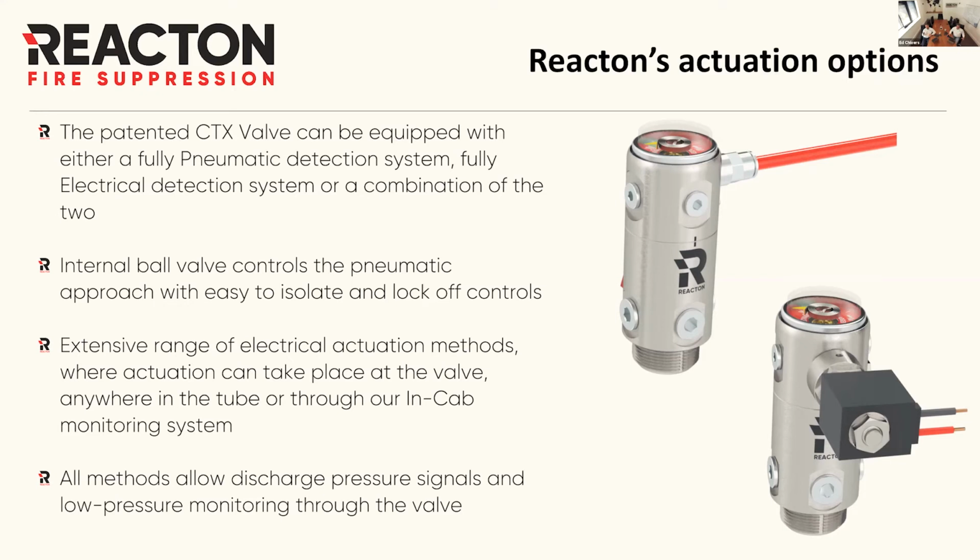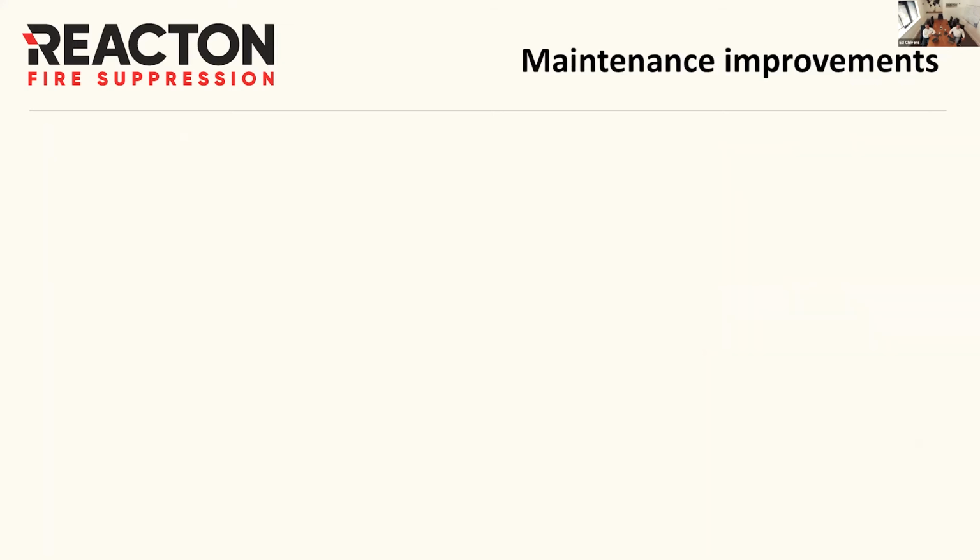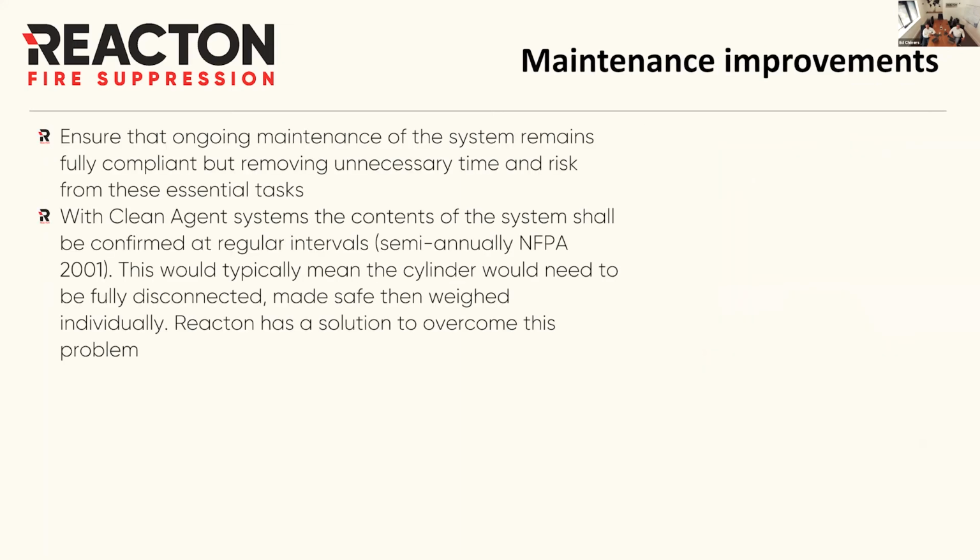But we can have these solenoids located anywhere on the top of the port there, but also you can have them via an adapter on your manual actuator, on your end of line, or anywhere in your detection tube as well. So it allows you to have both electrical actuation and pneumatic in one system. So it covers both bases there, and we can go into more detail about that.